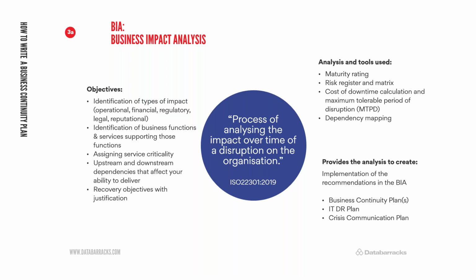When we talk about dependencies, we must think about the upstream as well as the downstream dependencies. It's who depends on that department as well as what is needed to deliver those services. Out of all of which, you can define your recovery objectives and the justifications to the business as to why those recovery objectives are what they are. And all of that gives the information that you need to start to write your plans.